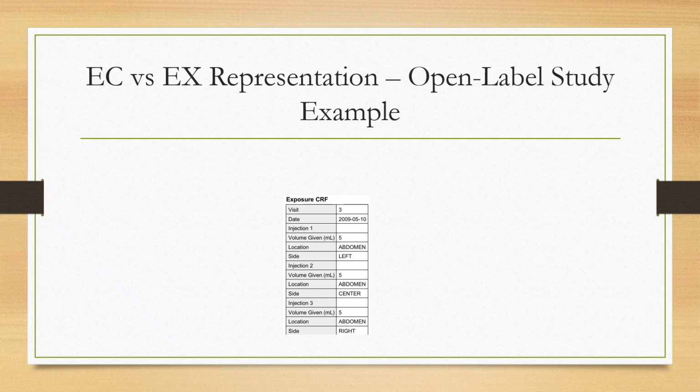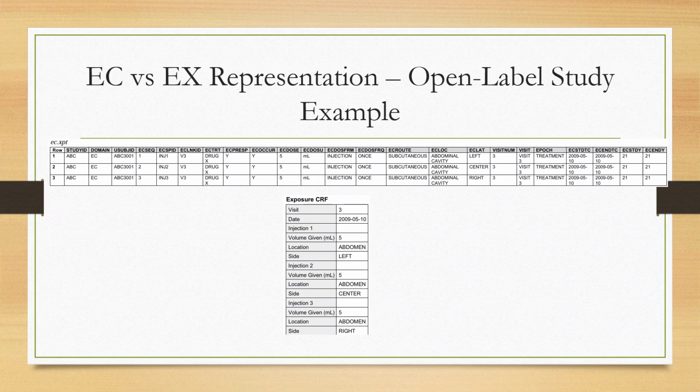So now let's see how this will be populated in your EC domain first. As we know, since this is an open label study, the drug which we have is the drug X. And since we have given 3 injections, there will be 3 records here because we have 3 different directionality of the location.